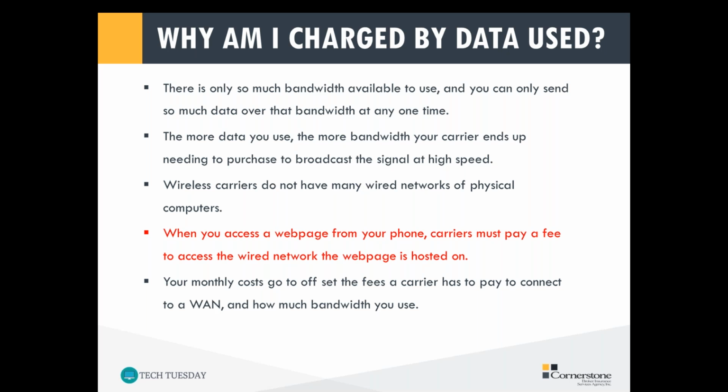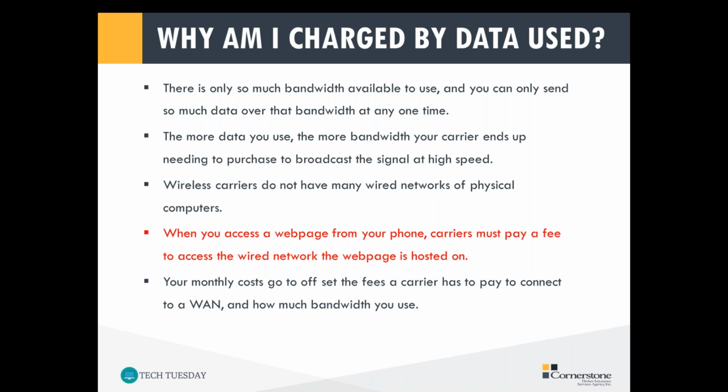But with a carrier, every time you access Facebook, every time you get on YouTube, every time you access the internet, they have to pay a decent chunk of change, which is why you pay per data rate versus per speed. That's just how the math works. Your monthly cost that you pay to your carrier pays to offset the fee they pay to wide area networks to access the websites, and it also goes to offset how much bandwidth they have to purchase to send and receive your data.